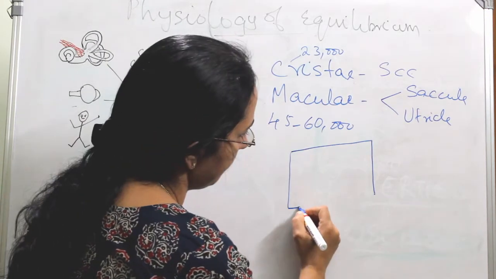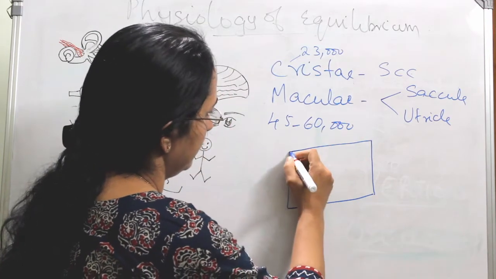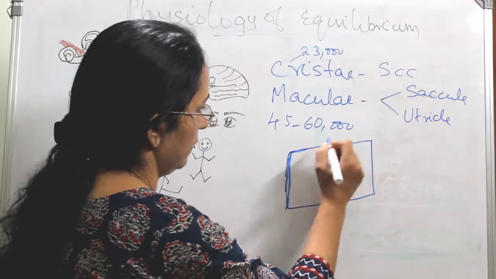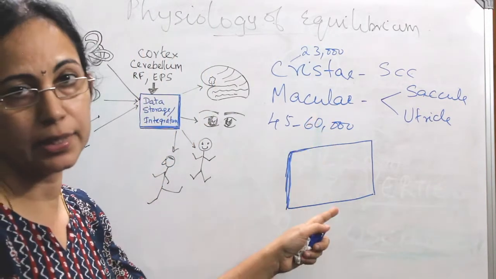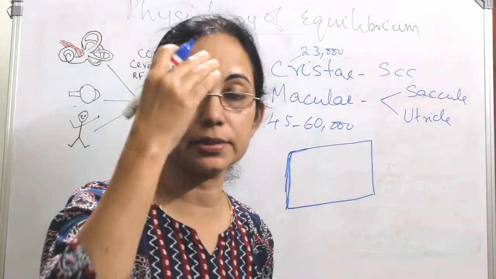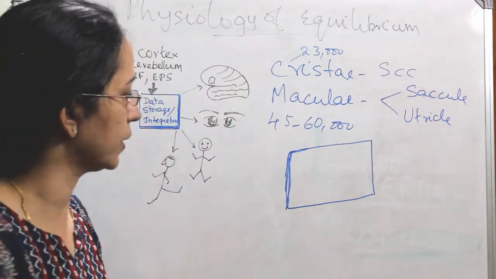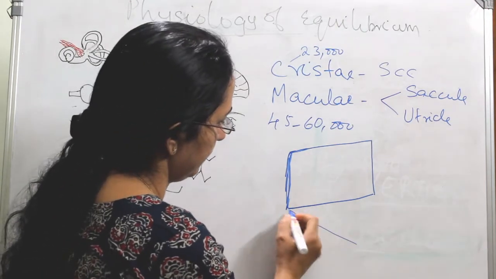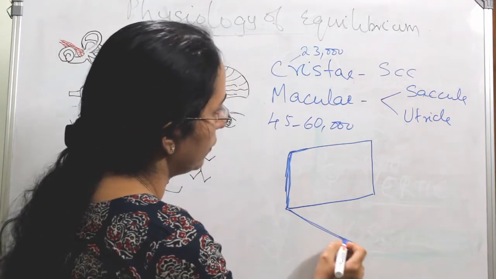That is vertically oriented, right? In the anterior wall of the saccule, this macula has a vertical orientation.